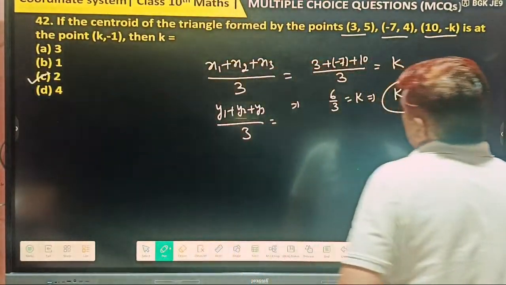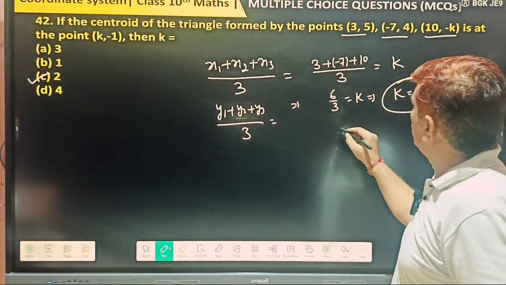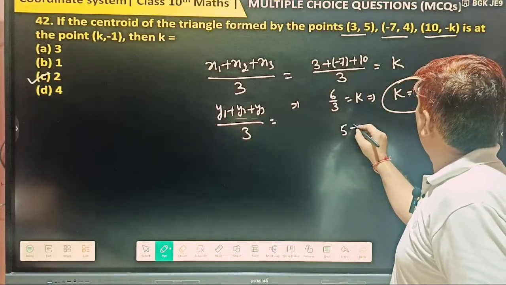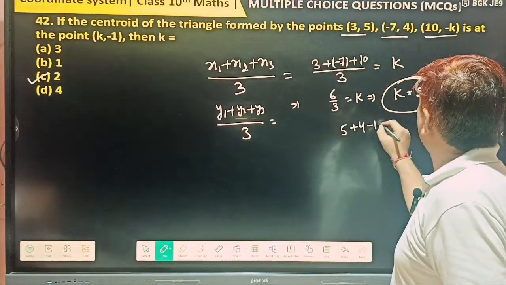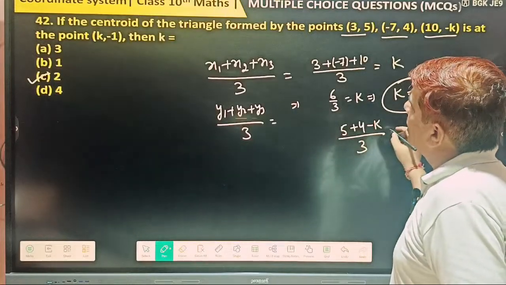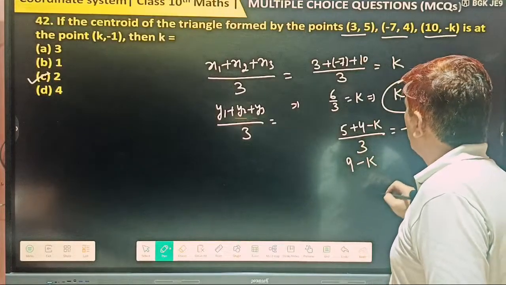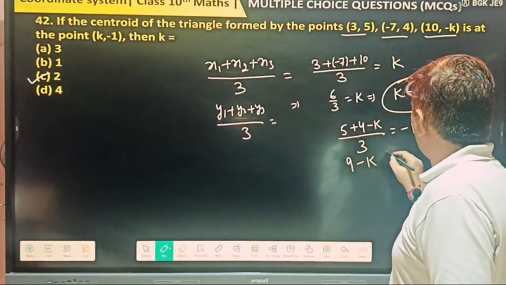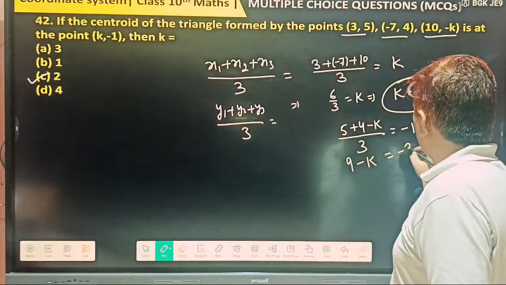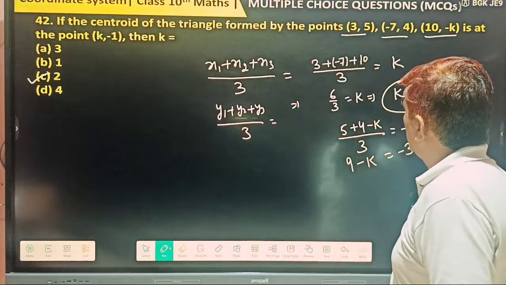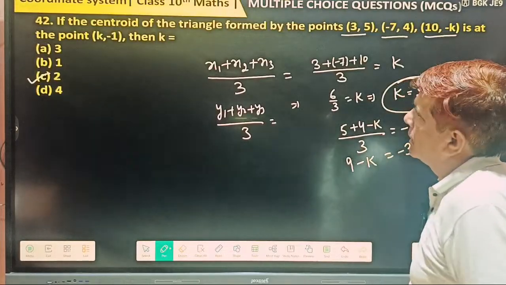One more method, directly y you can find out. 5 plus 4 minus k by 3 equal to minus 1. 9 minus k equal to what? Minus 3. 9 minus k equal to this.